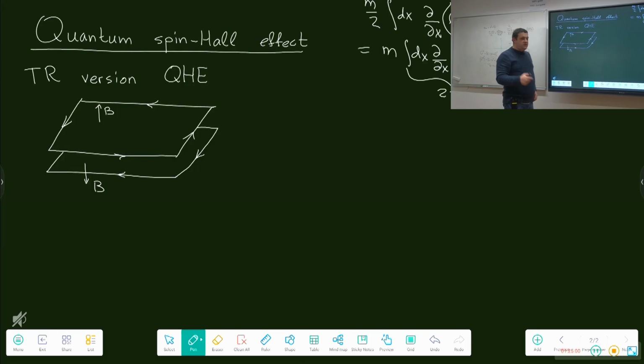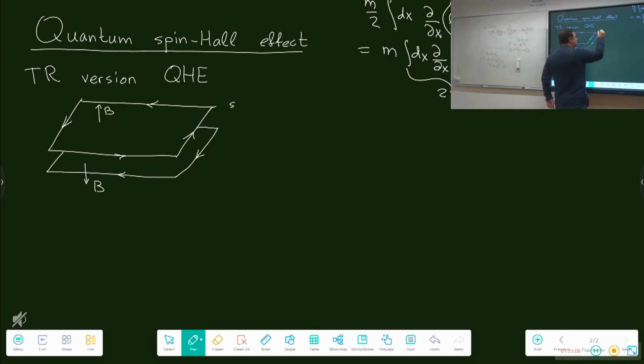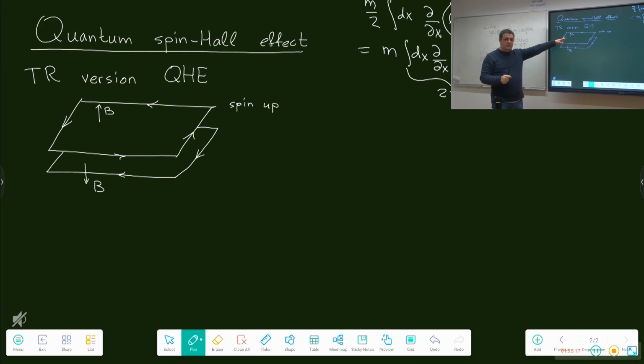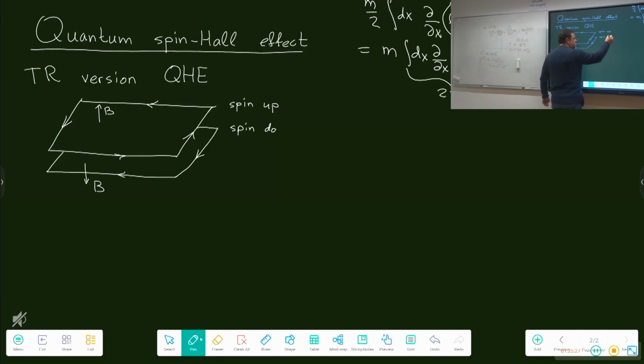And to make it really time reversal symmetric, they also say let's add spin orbit coupling such that this is actually the same system, but for electrons with spin up, they feel this up magnetic field. So this edge mode is for electrons with spin up, and for electrons with spin down, effectively we have the opposite magnetic field.